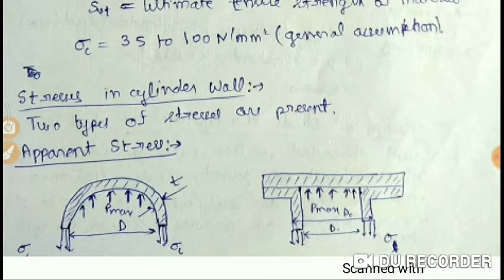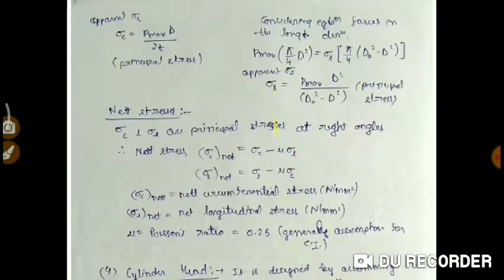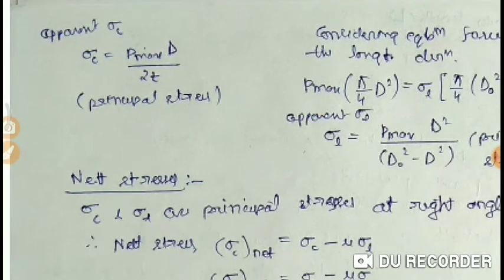The first figure shows the circumferential stress, and the second figure shows the longitudinal stress. Apparent stress sigma c is equal to P max d upon 2t, that you already know.